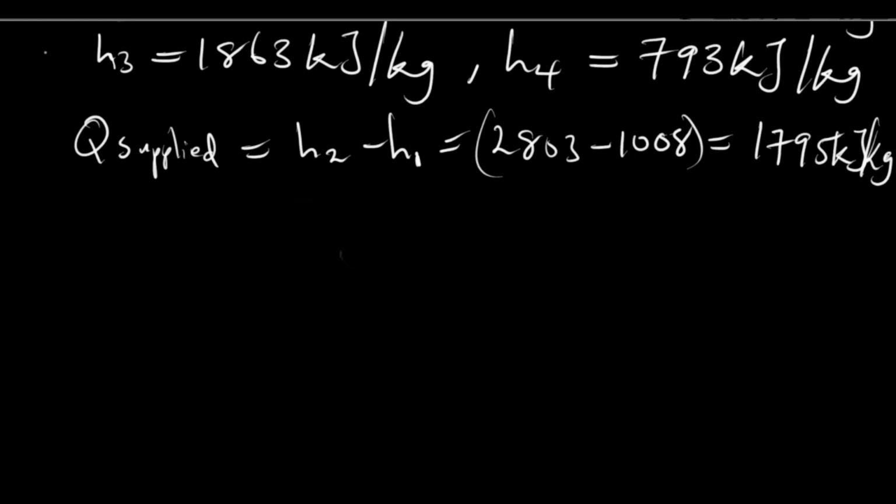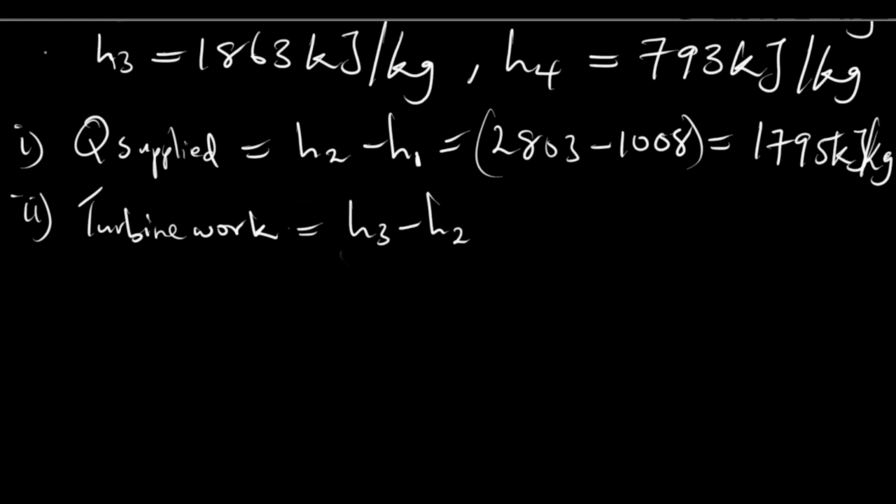Then the next is the turbine work, or this expansion work. So let's call it the turbine work, which is given by H3 minus H2, which is 1863 minus 2803.